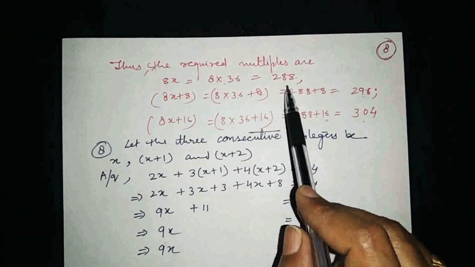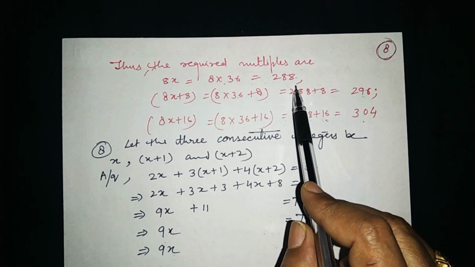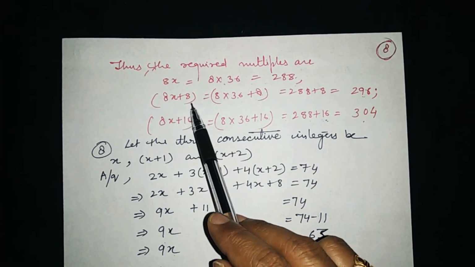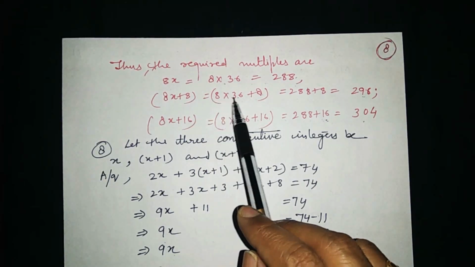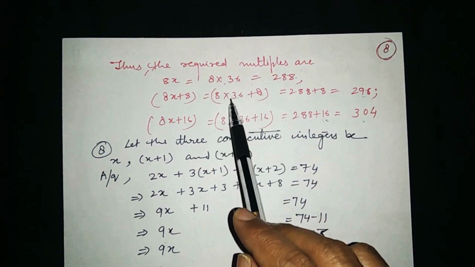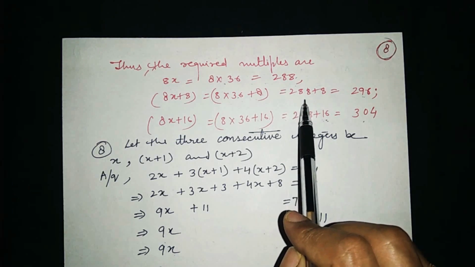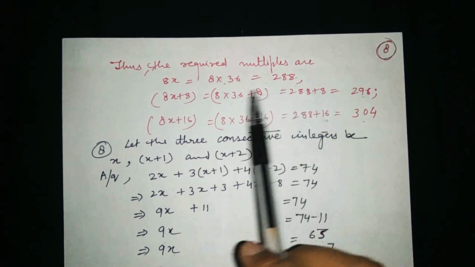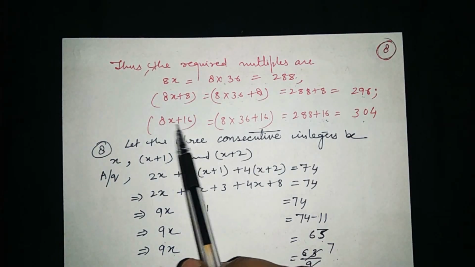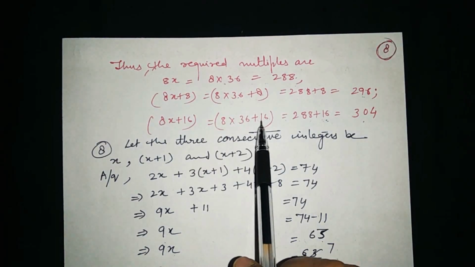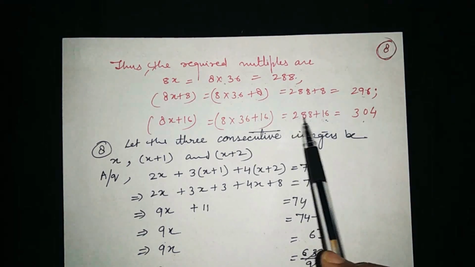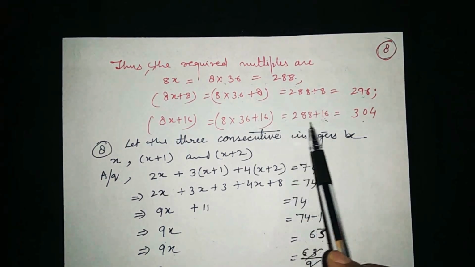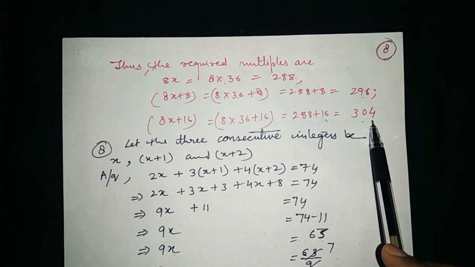What is coming? 288. And then 8x plus 8, the second multiple of 8. 8 into 36 plus 8. Here 8 into 36, what? 288 plus 8, what? 296. And then 8x plus 16. 8 into 36 plus 16, what? 288 plus 16 here. So its sum is 304.